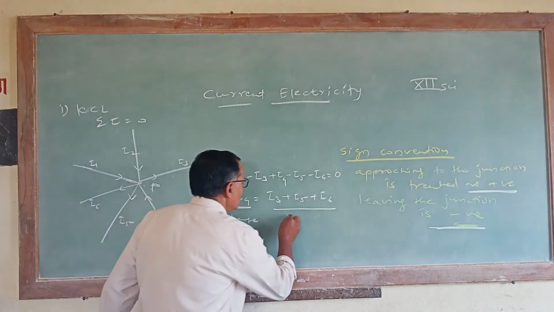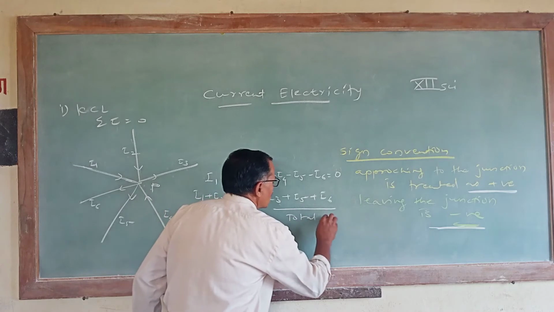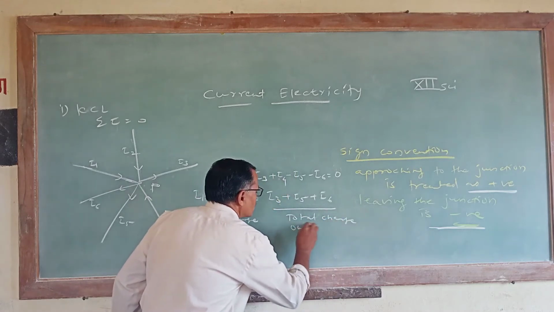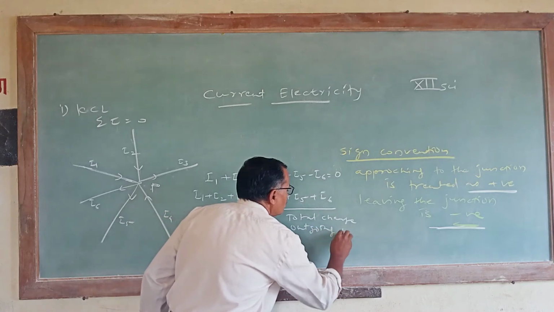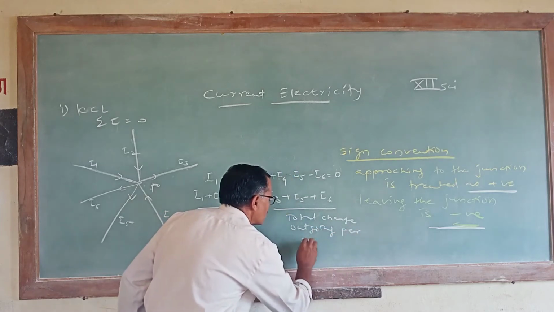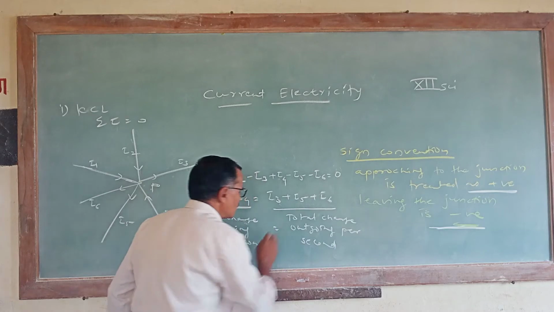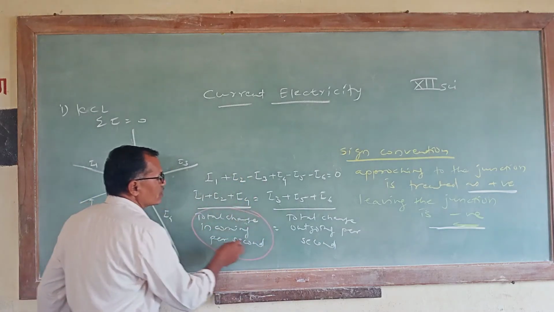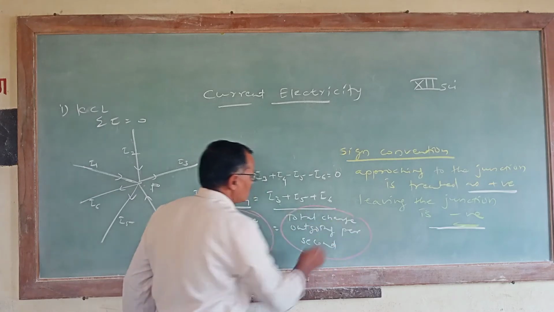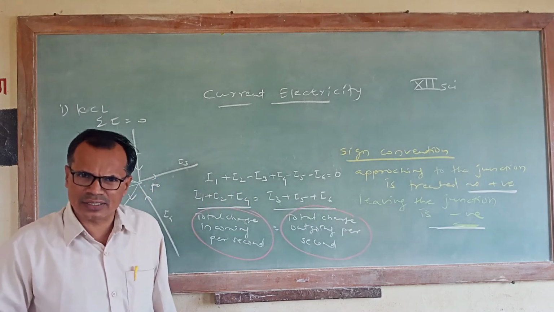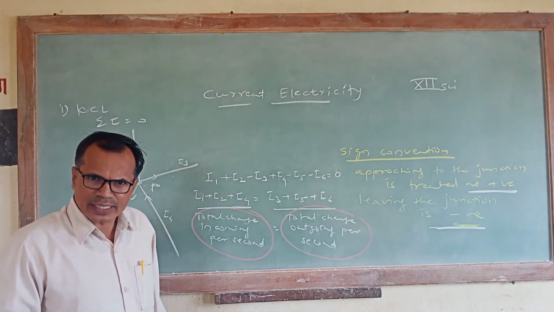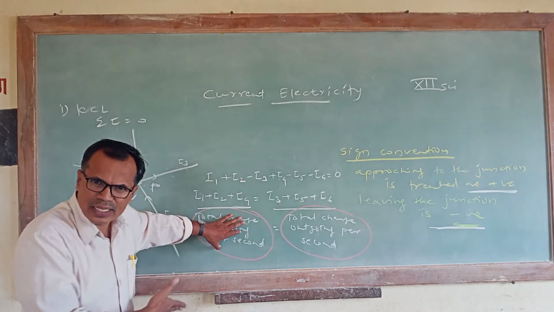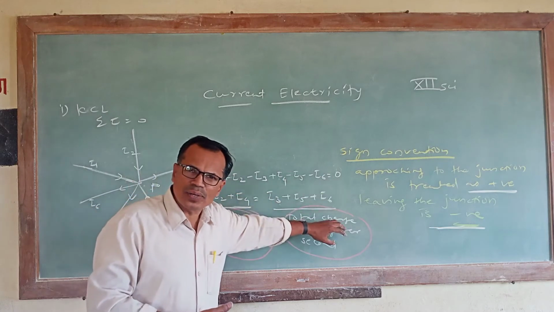This means total incoming charge per second is equal to total charge outgoing per second. Correct?